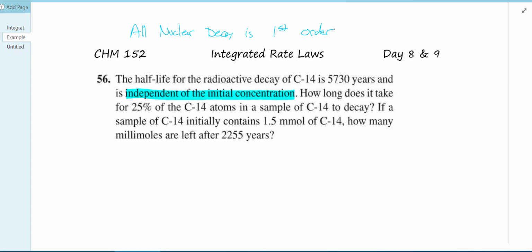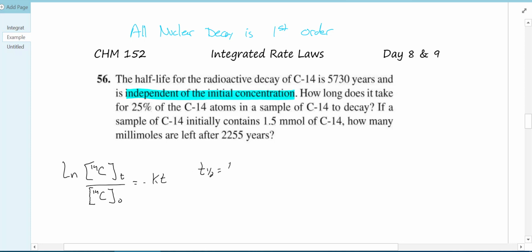All right. And so, first order kinetics, then, I would have the natural log of carbon-14 at time t over carbon-14 at time 0 is negative kt, and t 1/2 is the natural log of 2 over k.